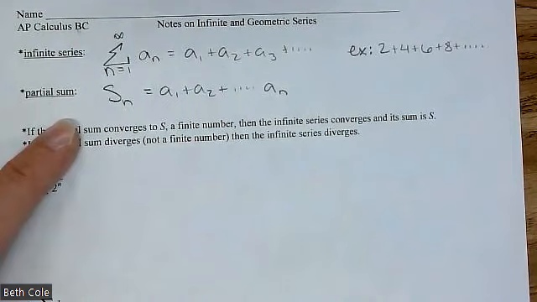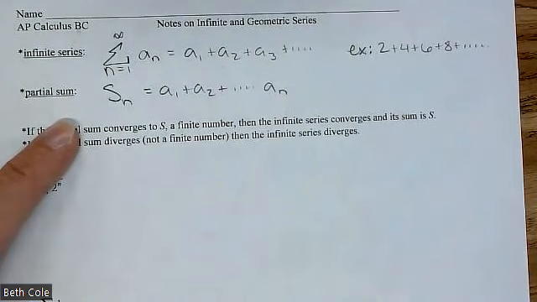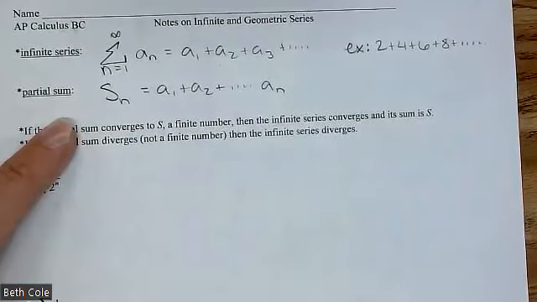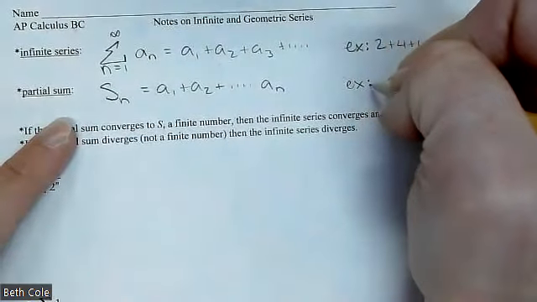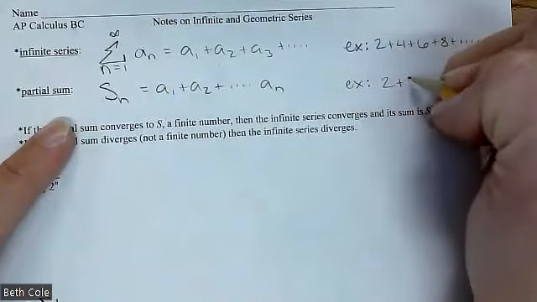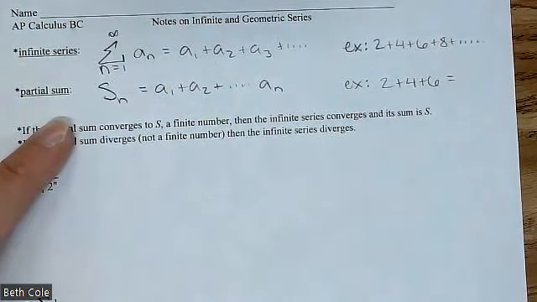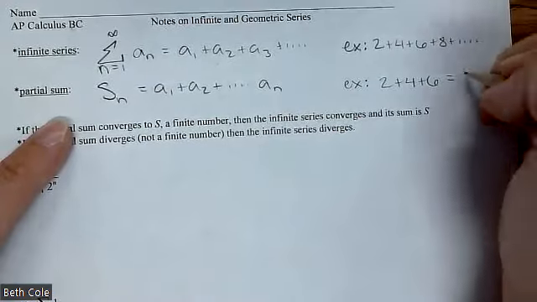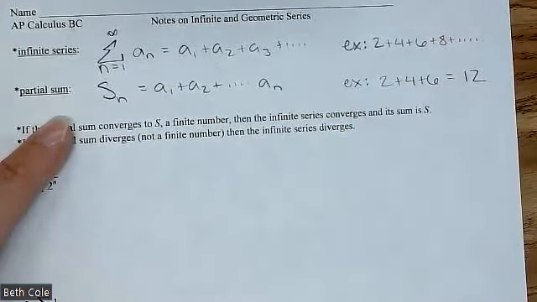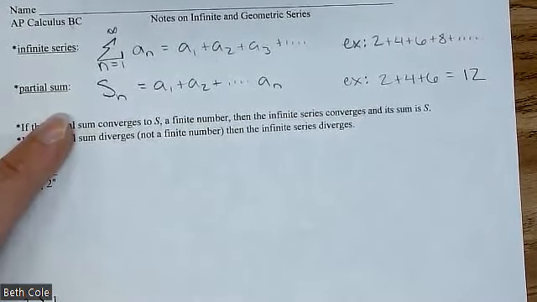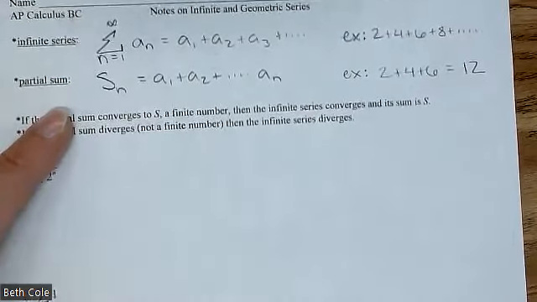You would just get the first 10 terms and add them up and get an actual answer. So for example, if you wanted to do 2 plus 4 plus 6 and cap it there, then you could get an actual answer of 12. Even if the series didn't converge, if you're just doing a partial sum, you could still get an answer because you're not going to infinity, you're capping it somewhere.